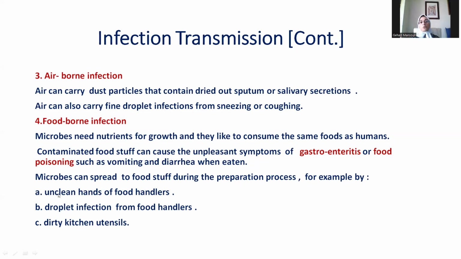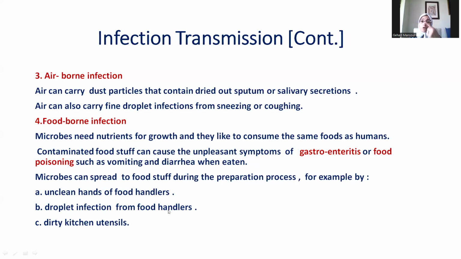Foodborne infections usually transmit via unclean hands. So unclean hands will contaminate the food or your utensils, and therefore when you eat the food or drink the water or use those utensils, you're going to catch the infection.